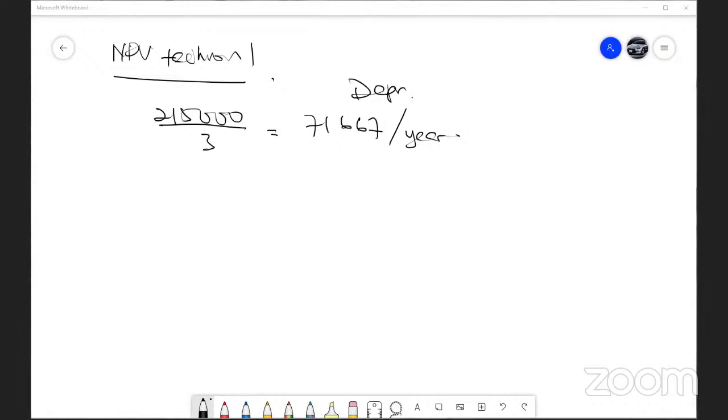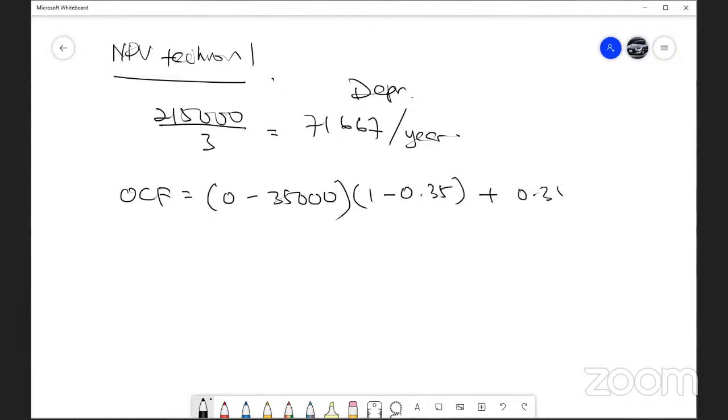Next, you want to count the operating cash flow, OCF. No sales here, but there is a cost of $35,000. So sales 0 minus cost, times 1 minus tax 35%, plus 0.35 times depreciation 71,667.